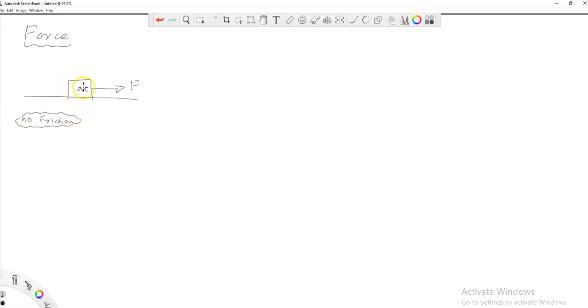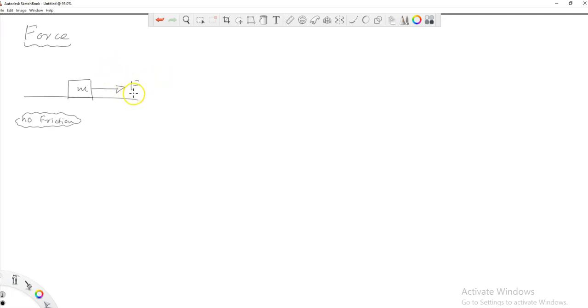So you have an object, you apply a force. If there is no friction, there's nothing preventing it from moving. All you need is some force. It doesn't need to be a big force. Any force can move an object if there is no friction. The amount of acceleration is proportional to the force. So the bigger the force, the more acceleration you have.